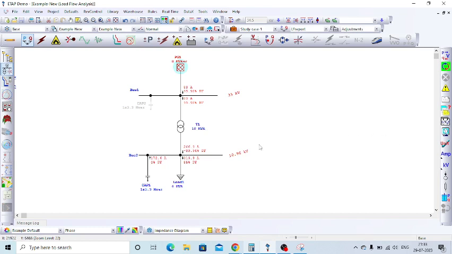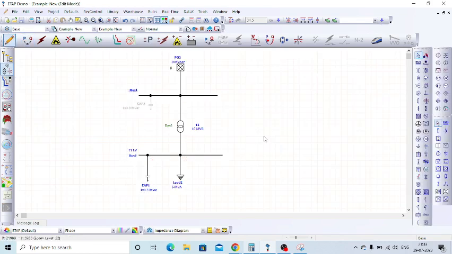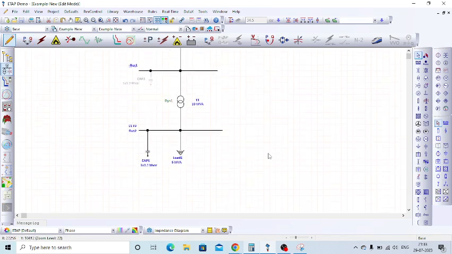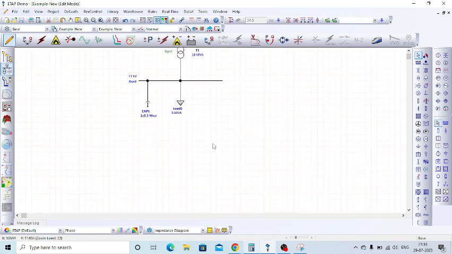Okay, good. I hope everyone is clear. This is the typical two bus system. Our practical system will not be a typical two bus system. It will have more buses and elements.